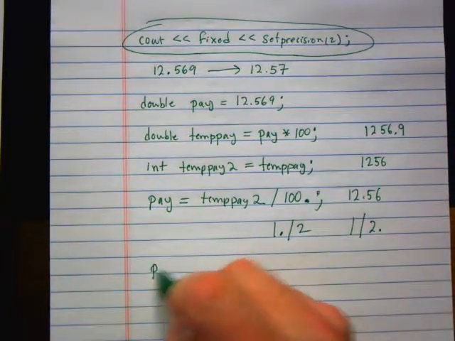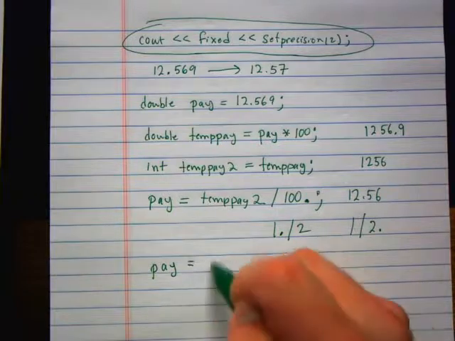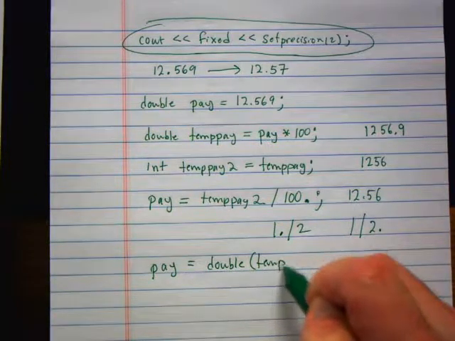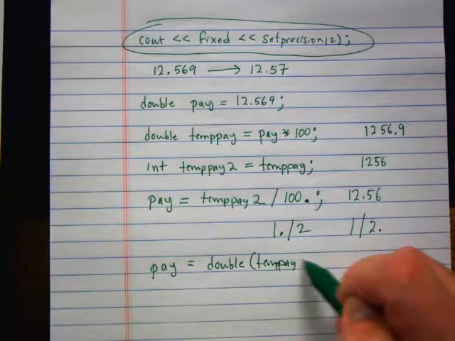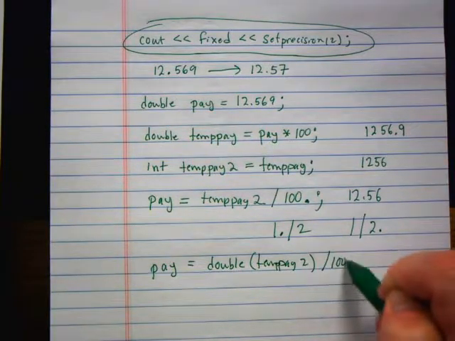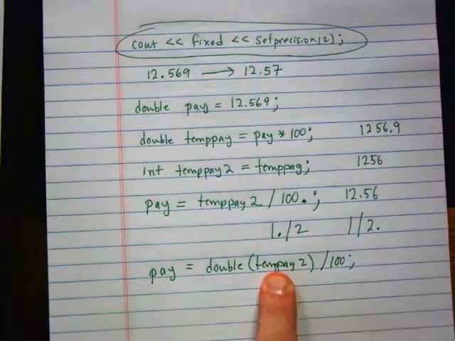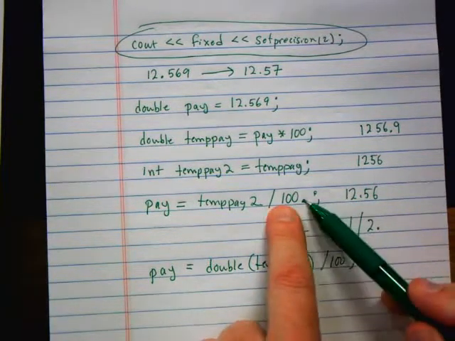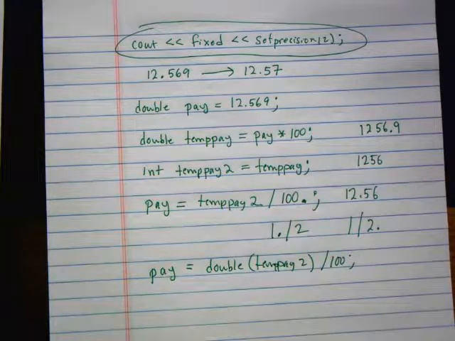I could have written pay equals double temp pay 2 divided by 100 to tell it, all right, now this one's a decimal. So I had to tell it one of them was a decimal. It was easier to tell it that the 100 was a decimal, because all I had to do was put a decimal point there. Could do it either way, though.